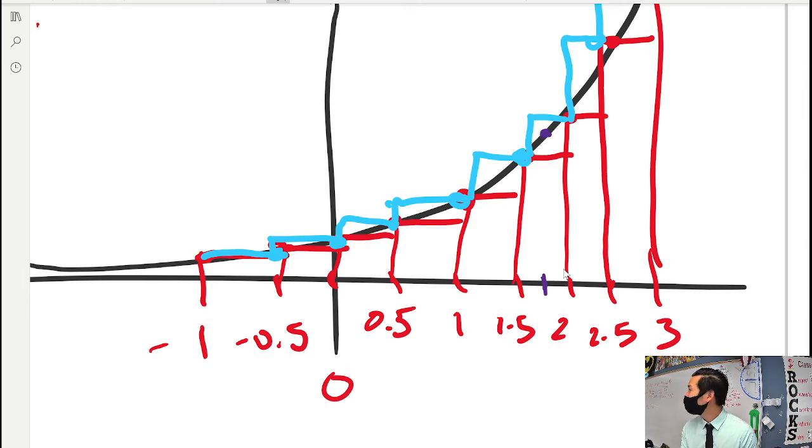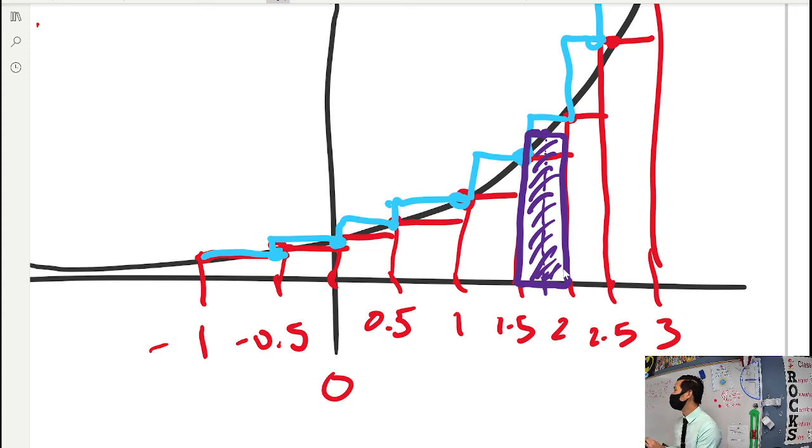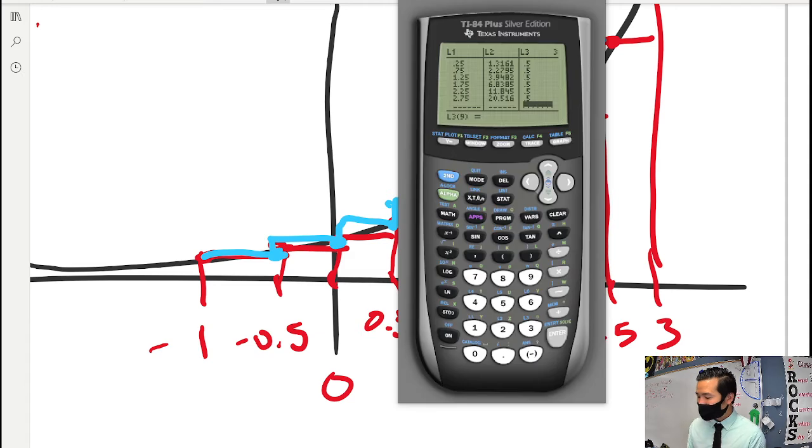But you're getting this entire rectangle. I'm not cutting the base; I'm just going to the base to get the height of this rectangle. I'm still looking for the whole volume, and the whole volume has this whole base of 0.5. So that's why I don't change that width for the midpoint one.